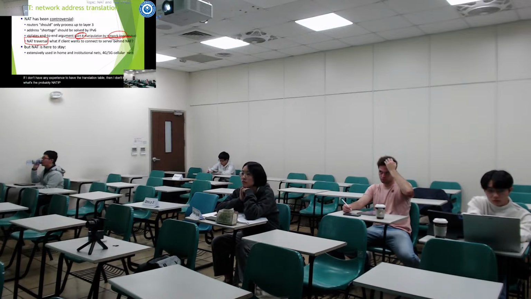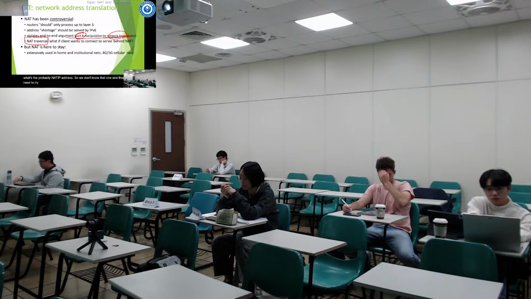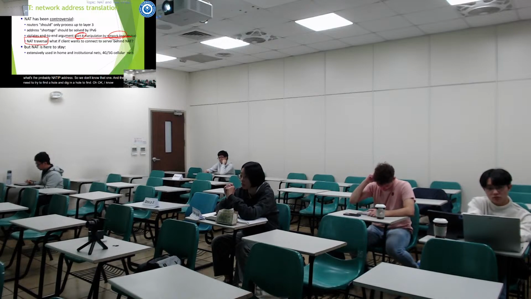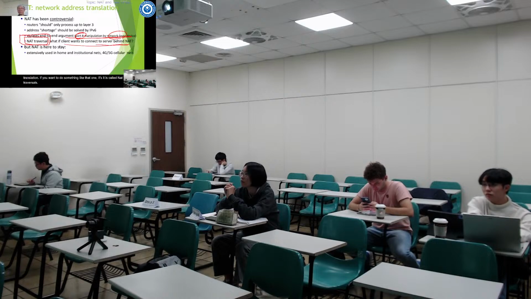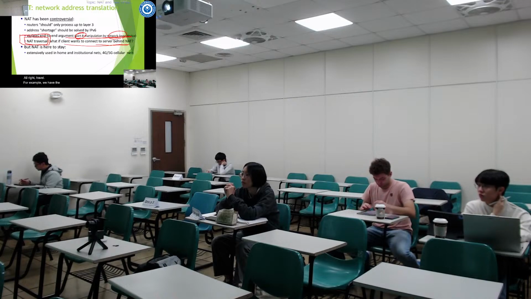So we need to try to dig a hole to find the translation. Doing something like that is called NAT traversal. For example, we try to have a server behind a NAT. Can you find it?